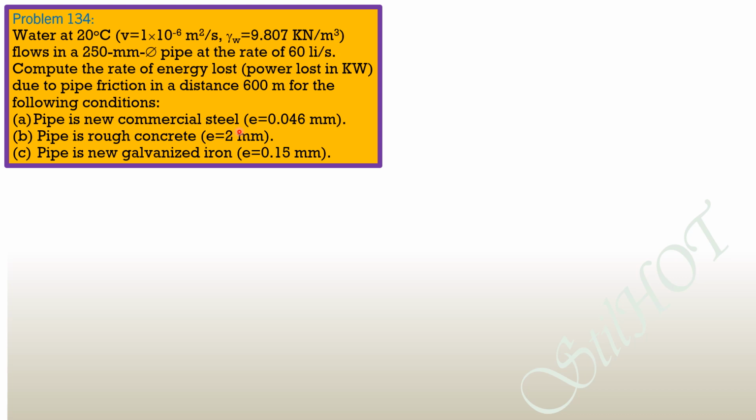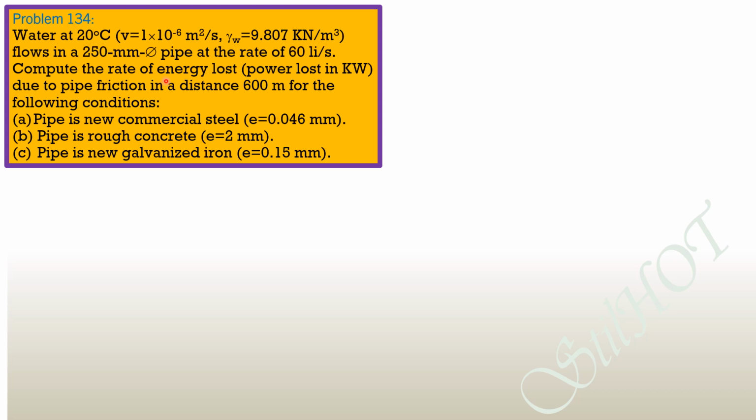So we use Colebrook equations here to solve for the friction factors. Then C, pipe is new galvanized iron with roughness of 0.15 mm. So this might be a situation where we have a transition from smooth to rough. Even in part A, we can assume that it is a transition from smooth to rough, but we will just investigate if the pipe can be considered as a smooth pipe.